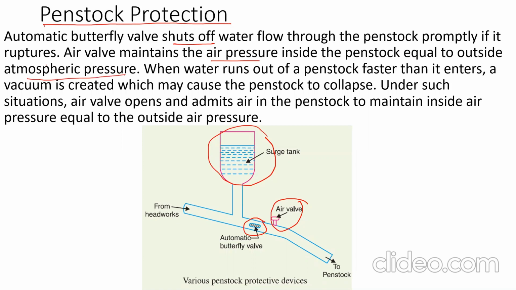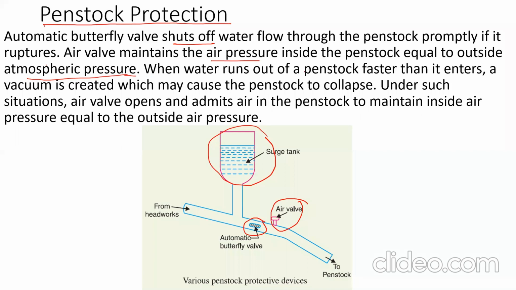There may be a case where a vacuum is created in the penstock, and because of that the penstock will bend. If we don't want that to happen to the penstock, then the air valve is used. When vacuum is created, air will be allowed to pass through the air valve into the penstock.